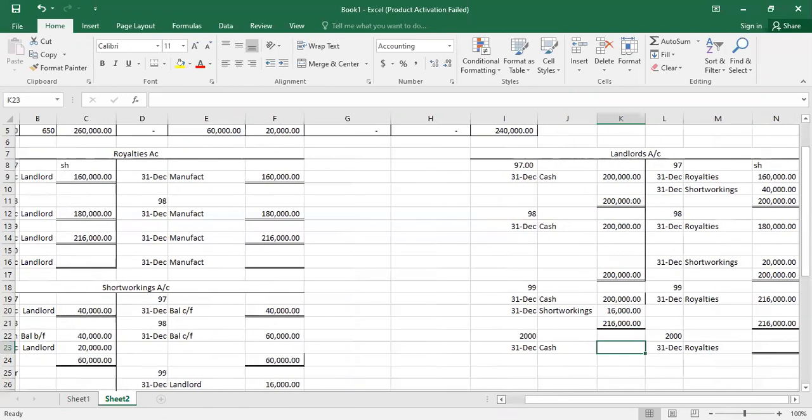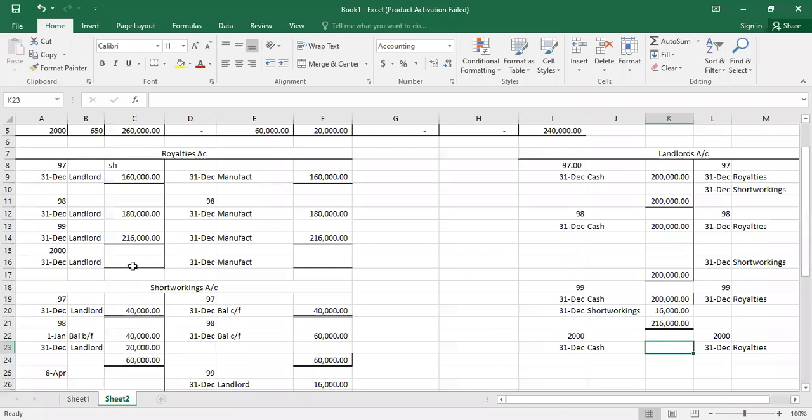So we can go to the last one. That one has been reflected. So in the year 2000, we are now closing the books. Here we have 260, right? Yes. So you can as well close it with the manufacturing.